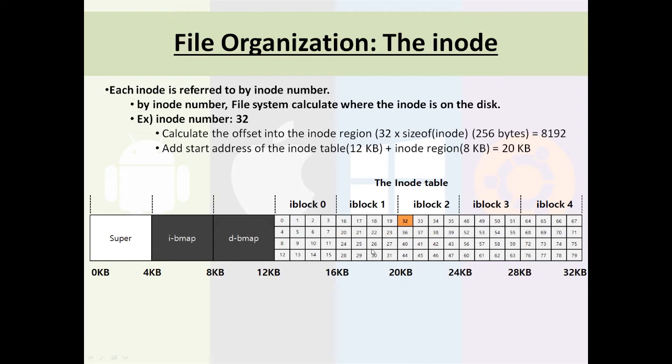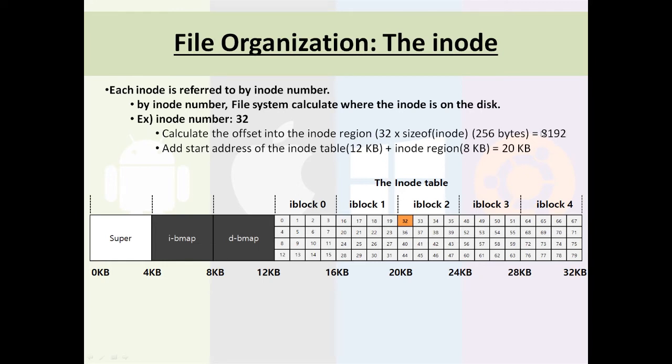So to read inode number 32, the file system would first calculate the offset into the inode region. To calculate that offset, we take 32, which is the number, and multiply it by the size of the inode, which is simply 256 bytes. That gives us 8,192.